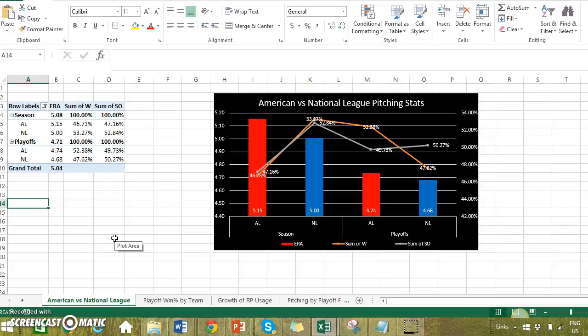We compared the all-time stats for each league against each other, focusing on key pitching metrics: ERA, which is earned run average, wins, and strikeouts. This graph in particular can be filtered by team and year, which you will see on the dashboard tab.